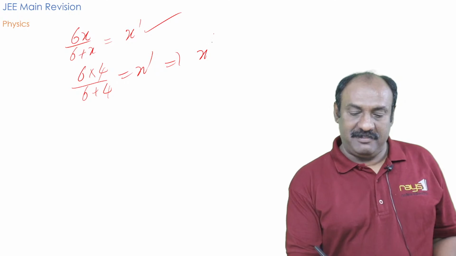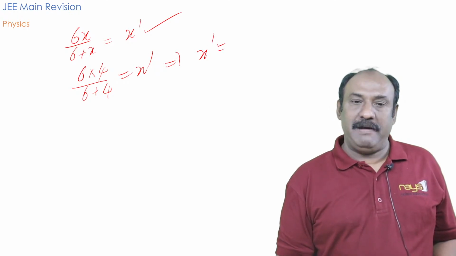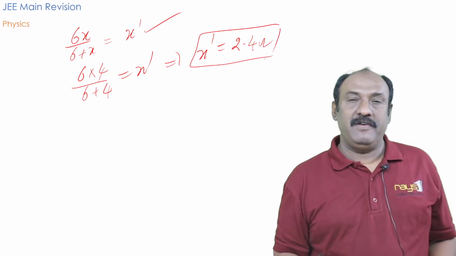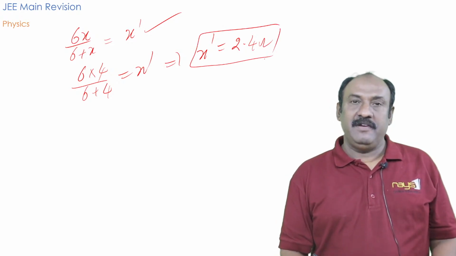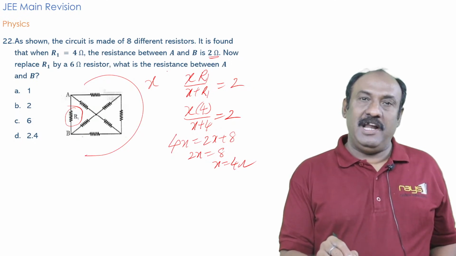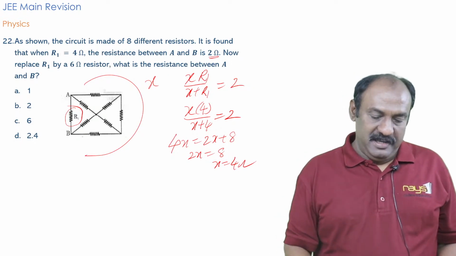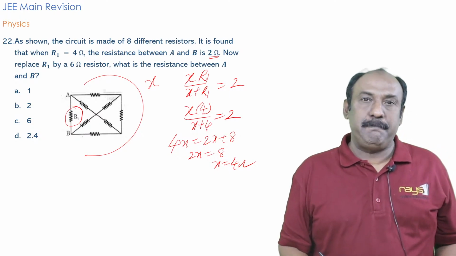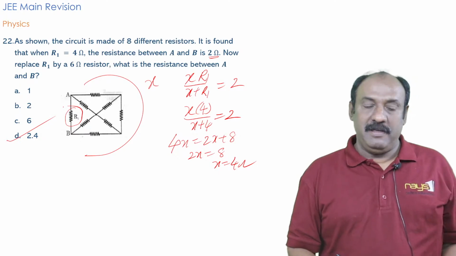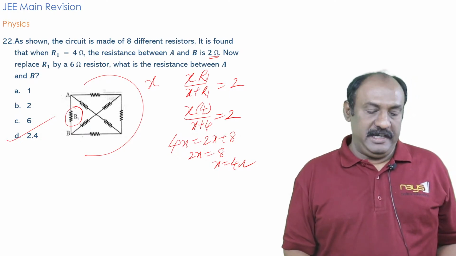So X dash equals 24 by 10, that is 2.4 ohm, the effective resistance between A and B if R1 is replaced by 6 ohm. So 2.4 ohm is the answer for question number 22.